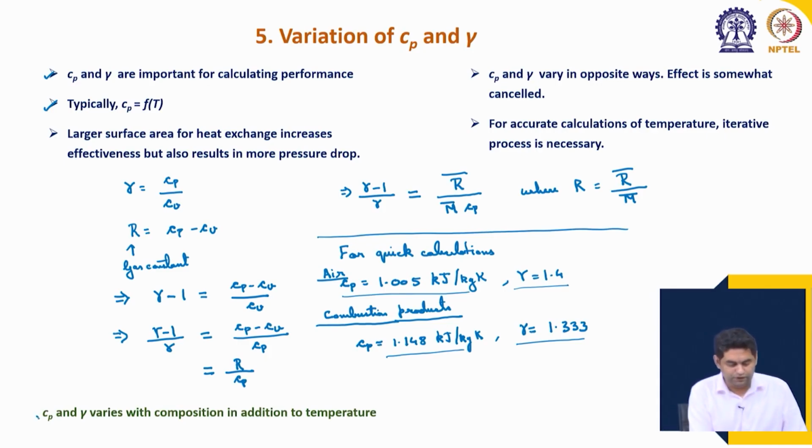If we need a more accurate calculation, we need to consider the variation with composition and temperature, and for that we need to solve for the change in composition, which means we need to find the concentration of various reactants and products, which itself will be a very involved task.